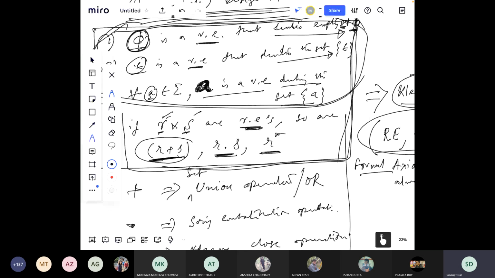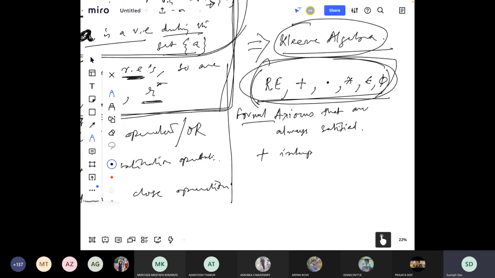Those axioms say that if plus is interpreted as union, that is as OR, and if phi is one key building block of this algebra, then if P is a regular expression, P or phi is P. This is, for example, rule number 1.